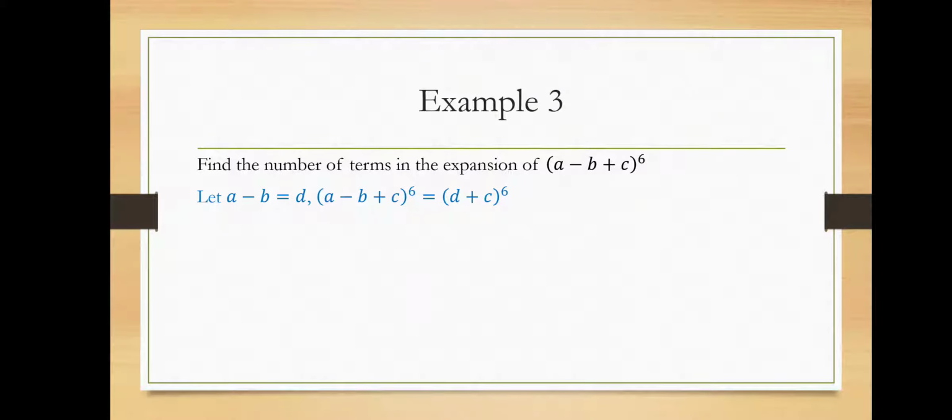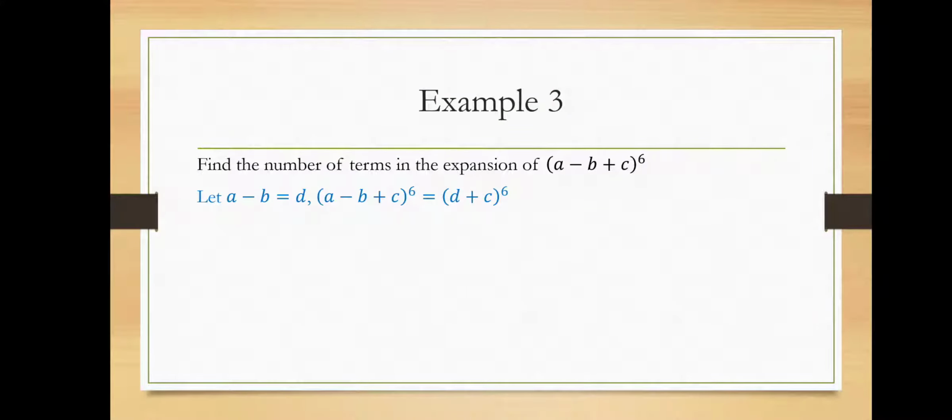Now, once I have (d + c)^6, this will have 7 terms, because the power is 6, but d will come in all different powers. In the first term there will be d^6, in the second term d^5, and so on till the second last term where there will be a d.